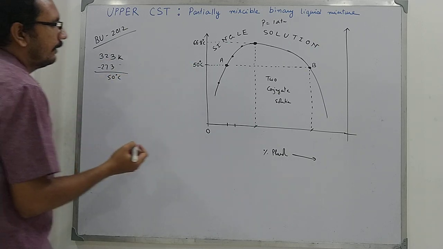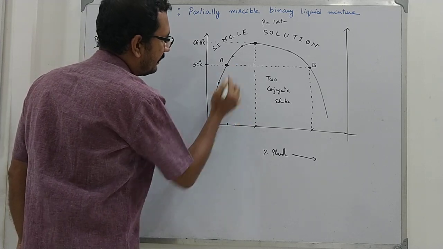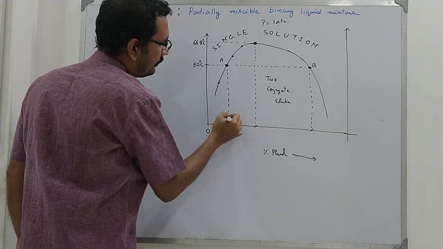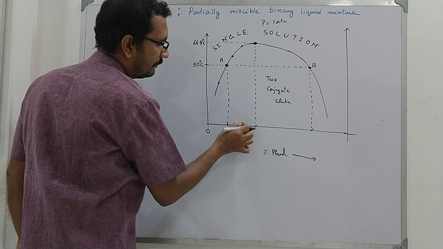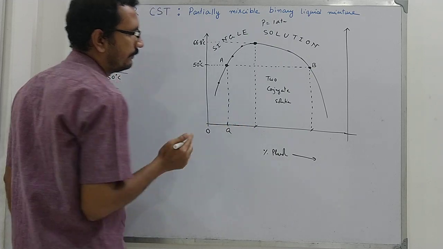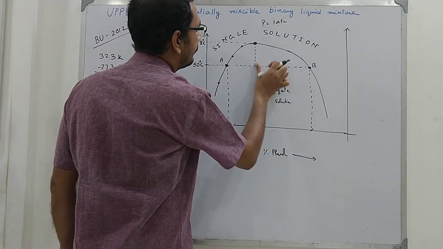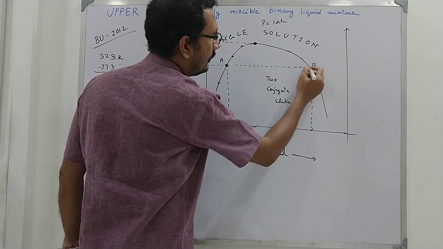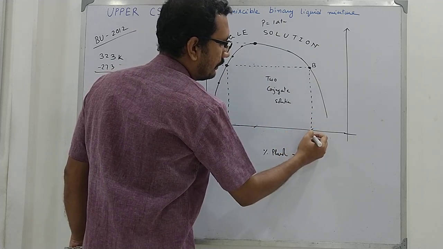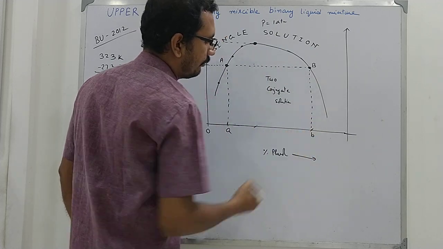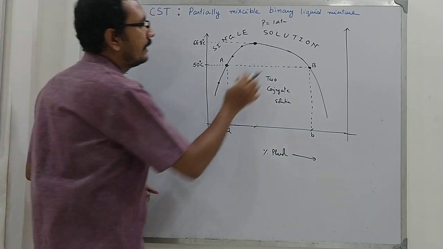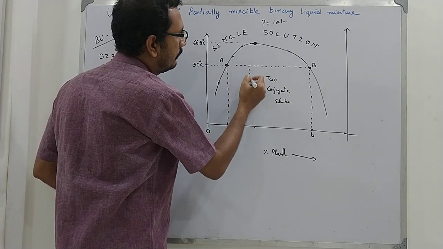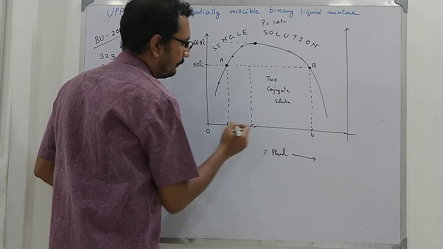So this is given. In the problem it was given that this composition is A and this position corresponds to composition B.